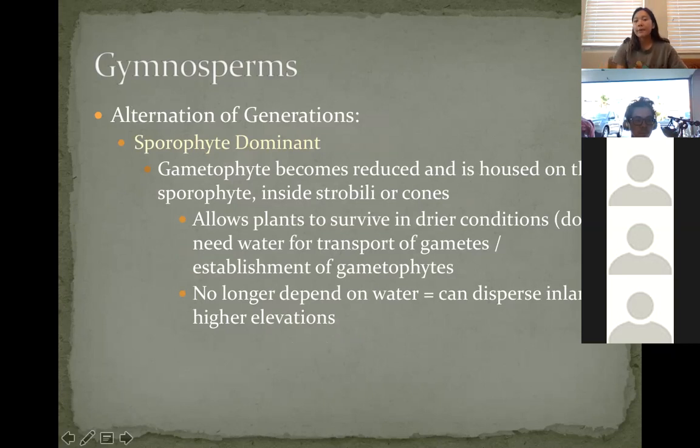So remember that spores are no longer the structure that's actually being dispersed and finishing that life cycle. It's now actually the seeds and the pollen. So because it's seeds now, the spores are essentially obsolete. So once again, they no longer depend on water, and because they're using seeds instead of spores for dispersal, they can disperse and live more inland and at higher elevations as well.